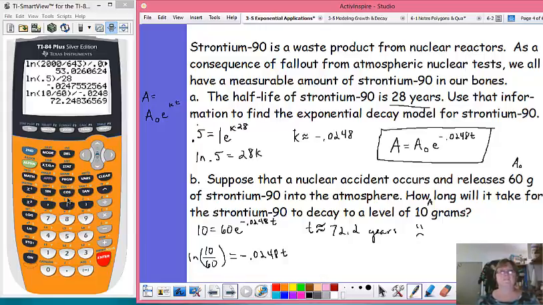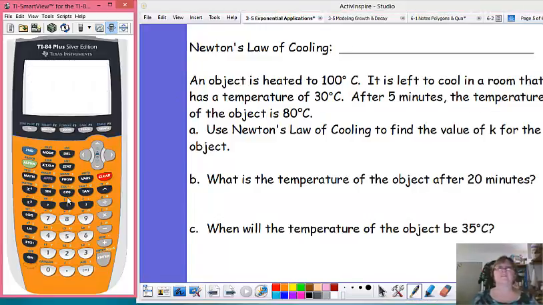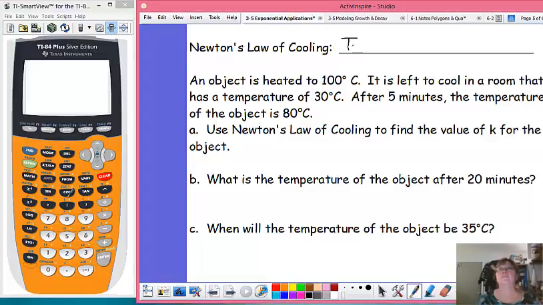All right, one more problem for us to think about, one more type of exponential or logarithmic problem. Go ahead and clear my calculator here. Newton's law of cooling. So this is more of a science question, and you know science is not my favorite. The temperature of some substance is equal to room temperature, which we're going to call C, plus the substance's initial temperature minus room temp, right?